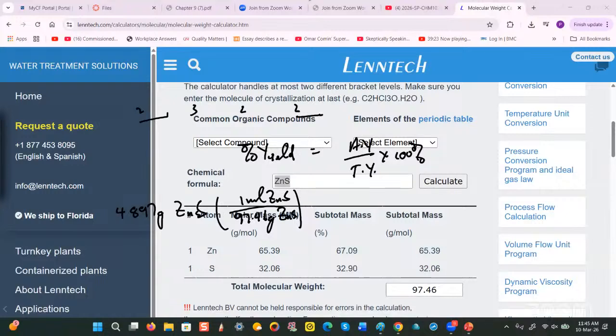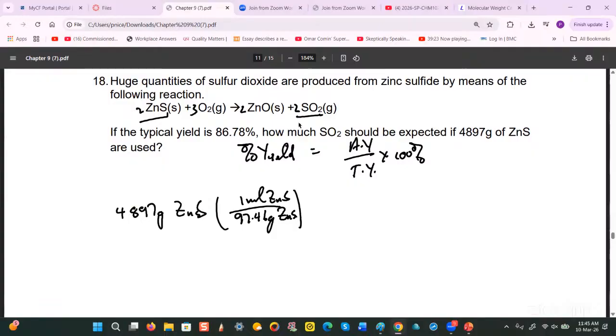All right. And then I'll look at the mole ratio between the zinc sulfide and the sulfur dioxide, which is a 2-to-2 mole ratio. So the way I represent that here is that I'm going to have 2 moles of SO2 and 2 moles of zinc sulfide.